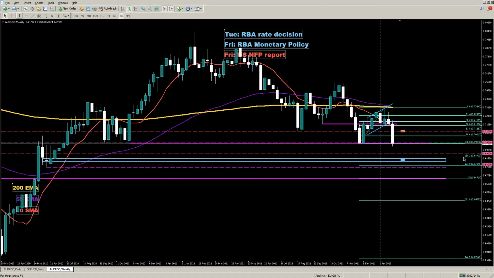So 138 will be a critical area to find some support. Otherwise, it will dip down to test the 162 fib just around the 0.6800 area. Okay.